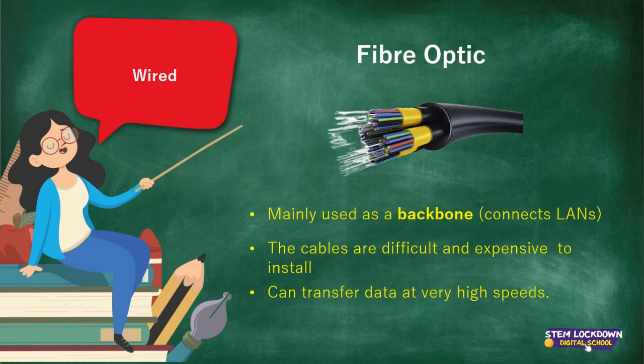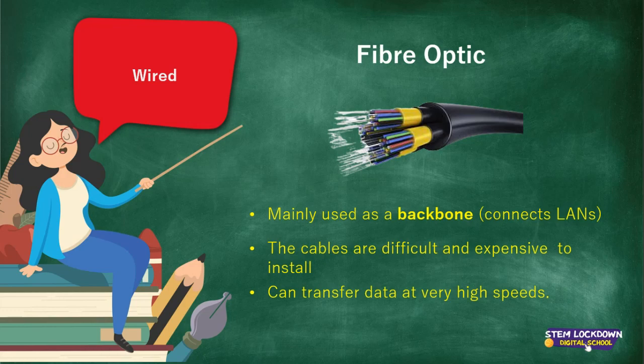Now, this is the biggest advantage that the fiber optic cable has over UTP, because it can actually transfer data at very high speeds. Now, I'm sure you have heard of a cable that has been laid in the Indian Ocean that brings the internet to Africa, right?